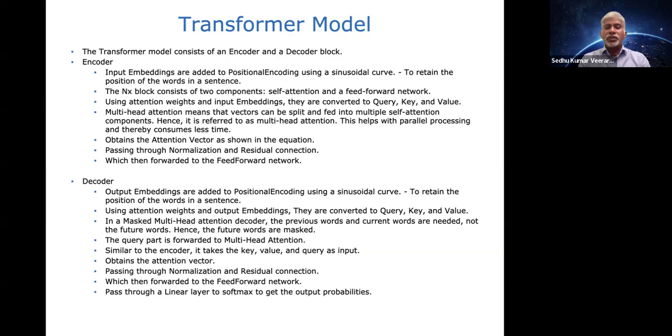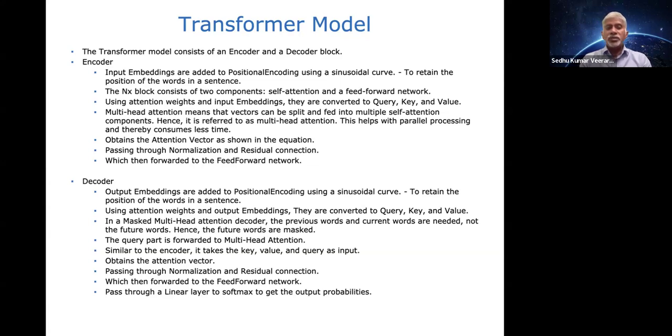Obtains the attention vector as shown in the equation, passing through the normalization and residual connection, which is then forwarded to the feed-forward network. In the decoder block, the output embeddings are added to the positional encoding using a sinusoidal curve to retain the position of the words in the sentence. Using attention weights and output embeddings, they are converted to query, key, value. In the masked multi-head attention decoder, the previous words and current words are needed, not the future words.